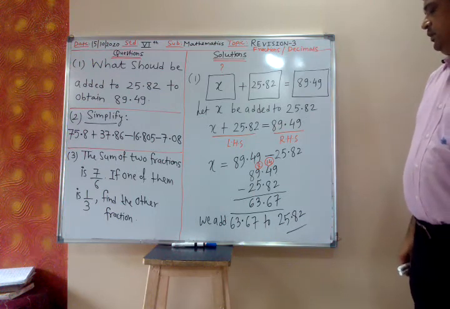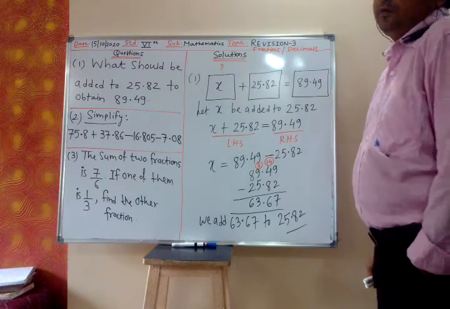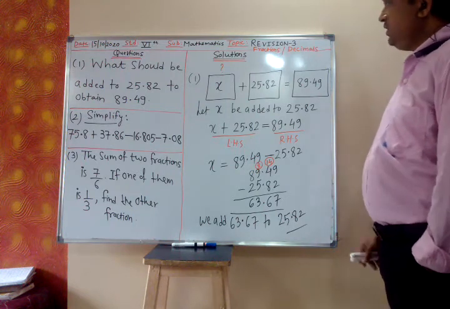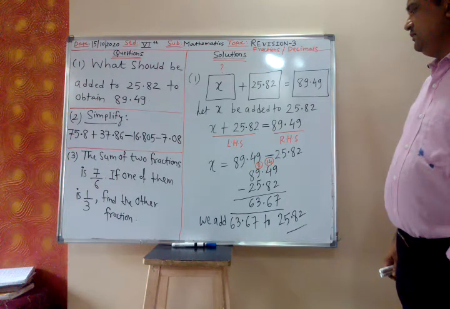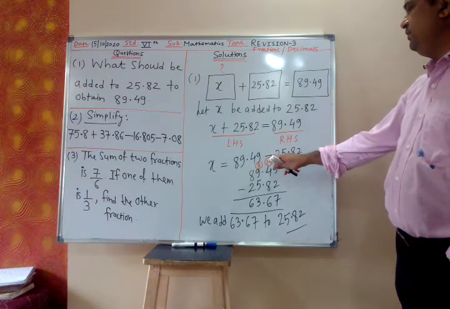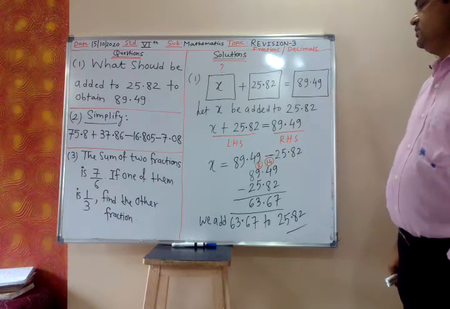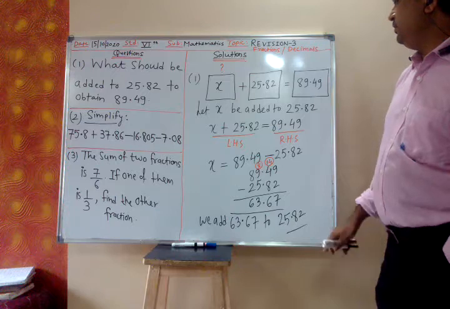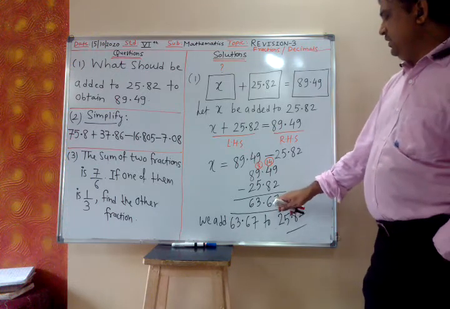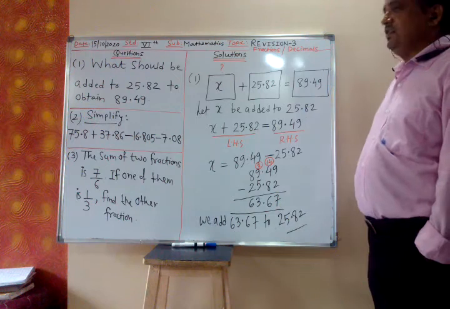So we add the number 63.67 to 25.82. Write down fast. 89.49 minus 25.82, and that will be 63.67.